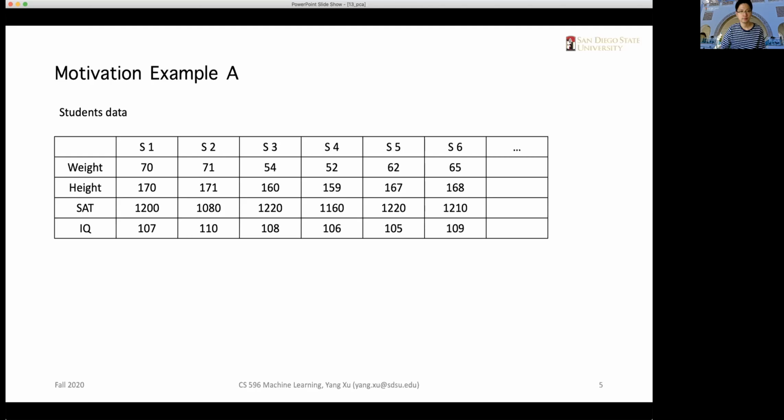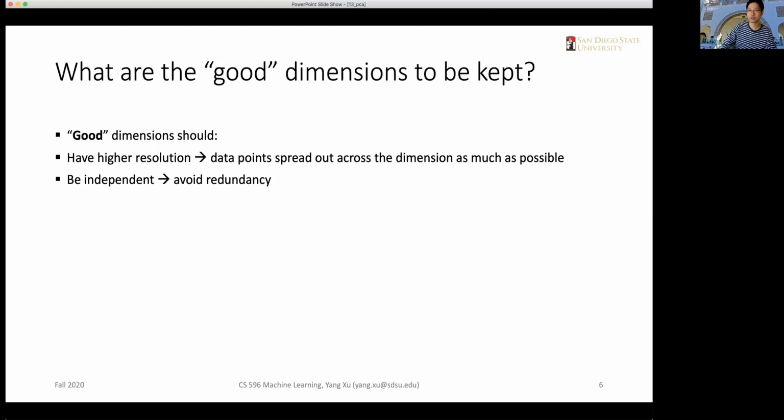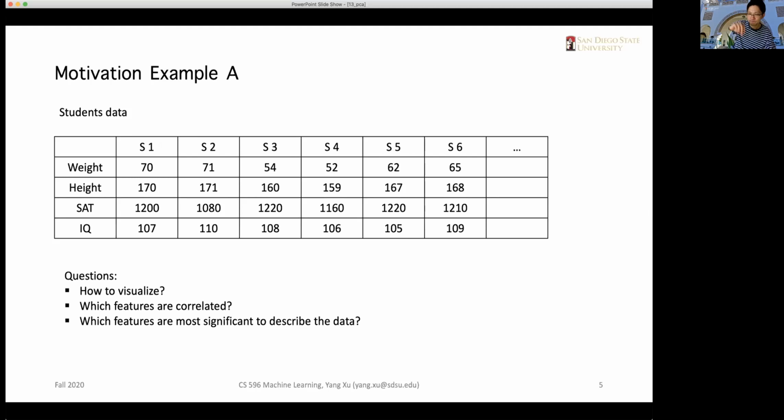expressive? Another example here is the student data. We have the weights, the heights, maybe the historical SAT scores, IQ scores. But given these features, we still have the same problem. Which features do we need to use to describe the students so that the most informative patterns can be captured, the most useful information can be used to describe a person?